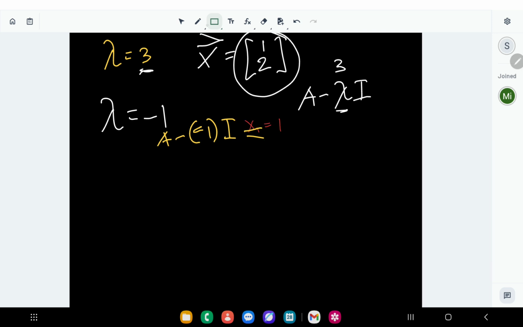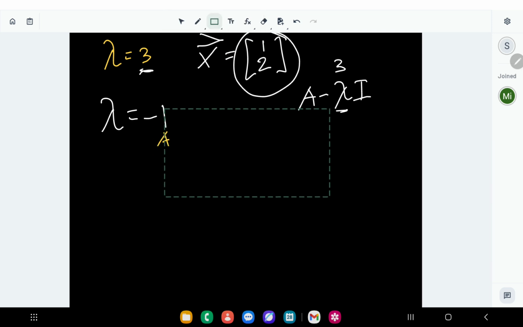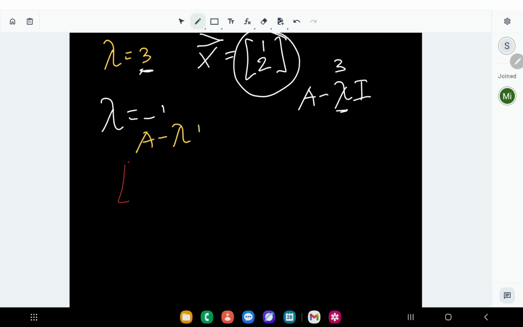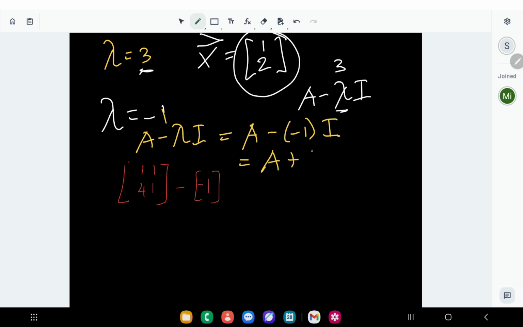So A minus lambda I, and your lambda here is -1. So you plug that in here, A minus -1 I. So this is A plus I, right?